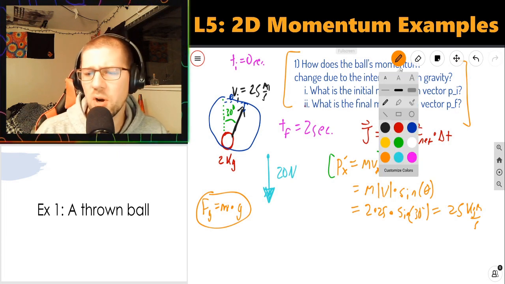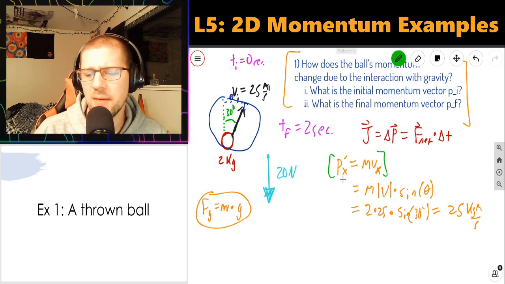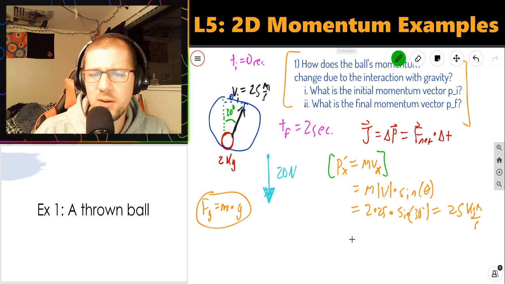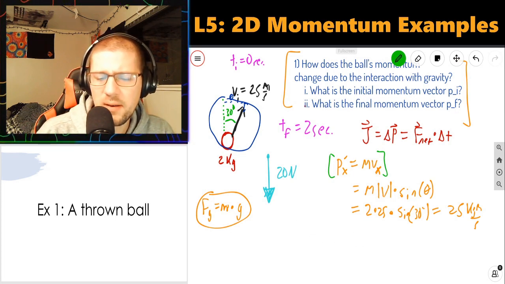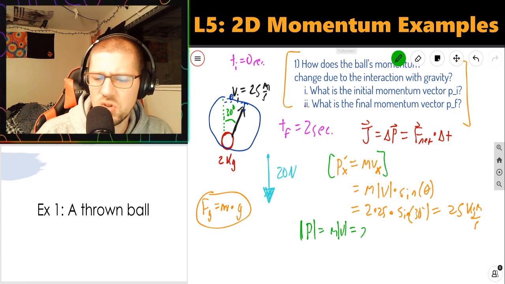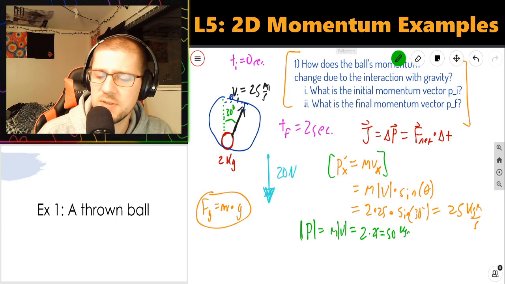Similarly, I can find the y component of momentum, and I have two choices. I can either know that the magnitude of momentum, the total thing, is just m times the magnitude of v. That's 2 times 25, which is 50 kilogram meters per second.